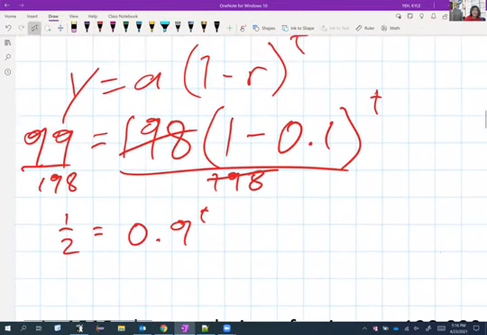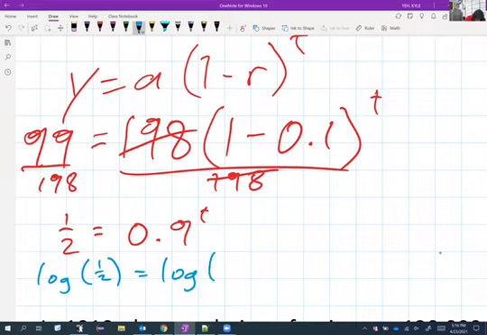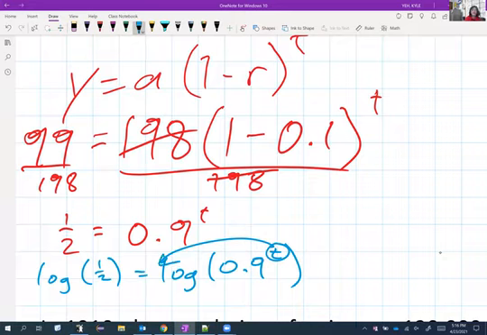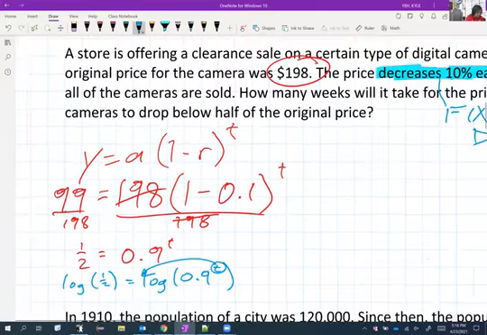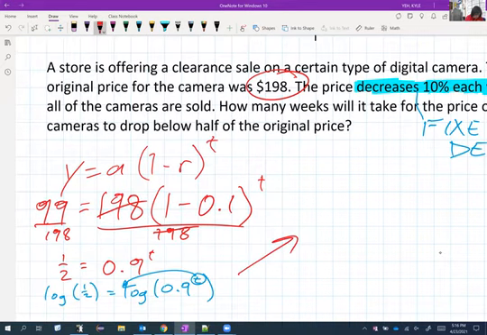Okay, so I have a variable in an exponent, that t is in the power. How am I going to get it out of there? I'm just going to take the log of both sides. Remember that power property is then going to allow me to drop this t out of the exponent down in front. So I'm going to move over here where I have a little more room.